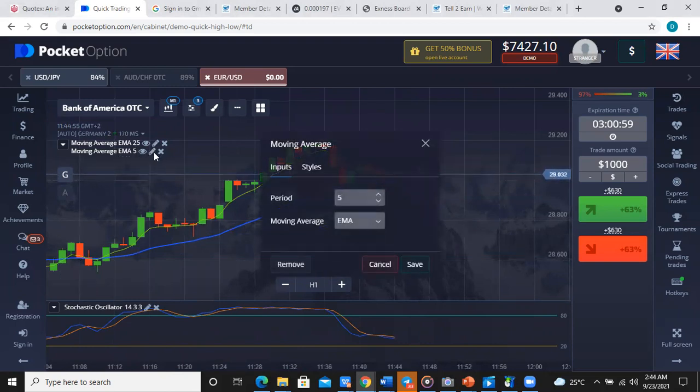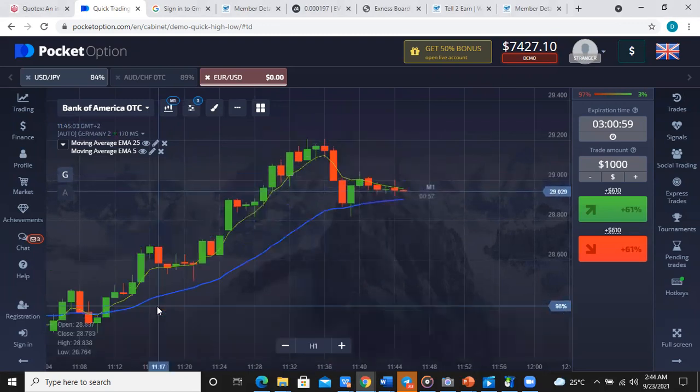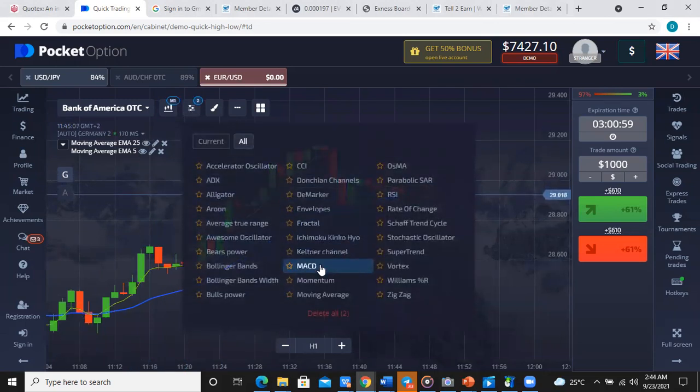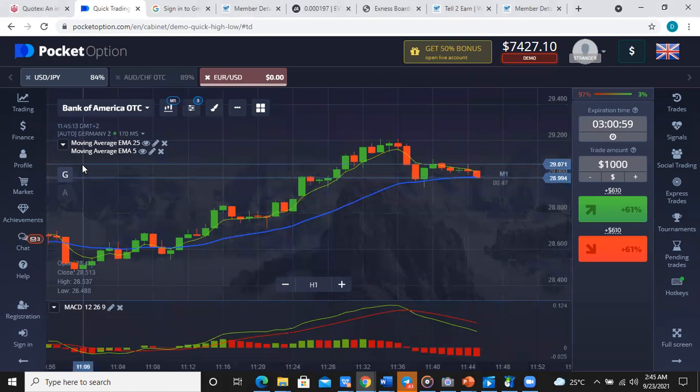All right, this one is set already. 5 for exponential moving average. And then I have my MACD here. So now let me look at something.